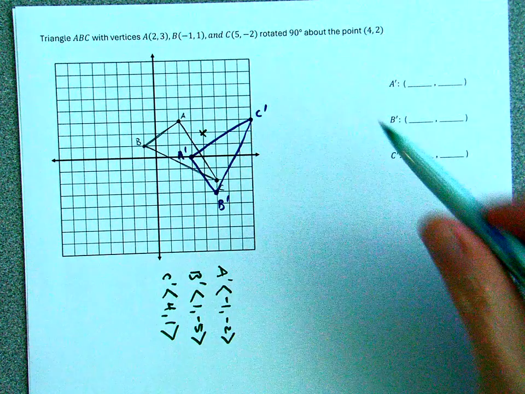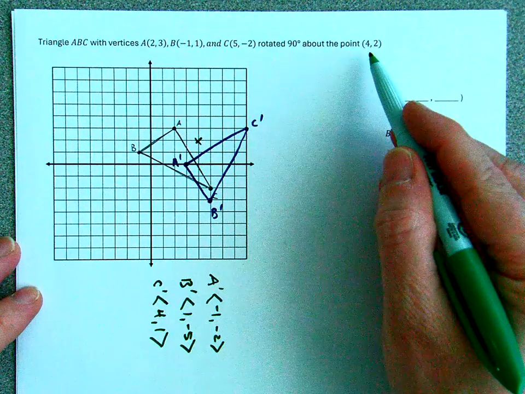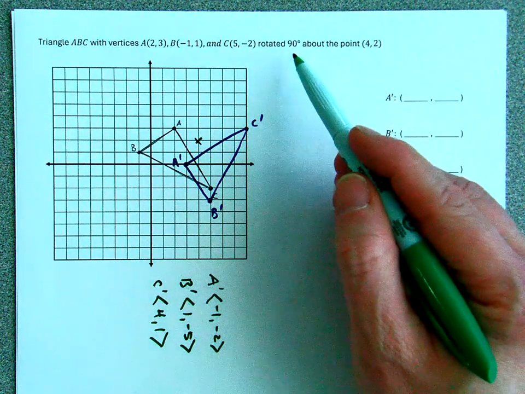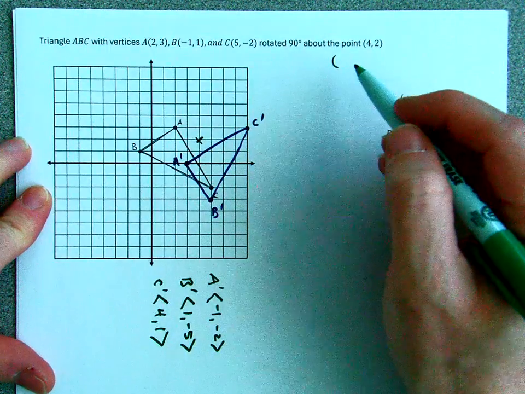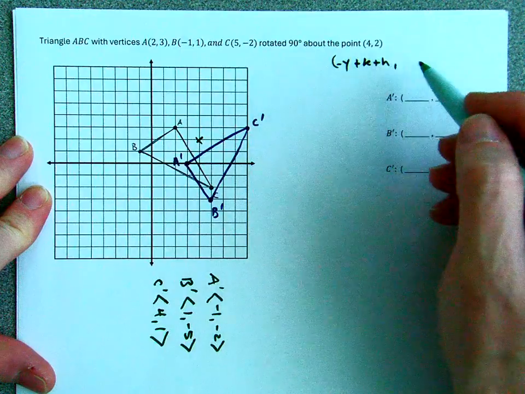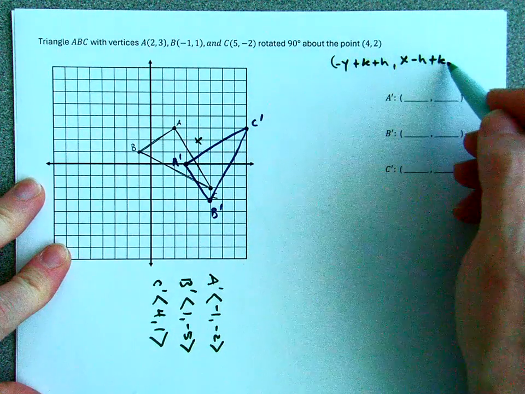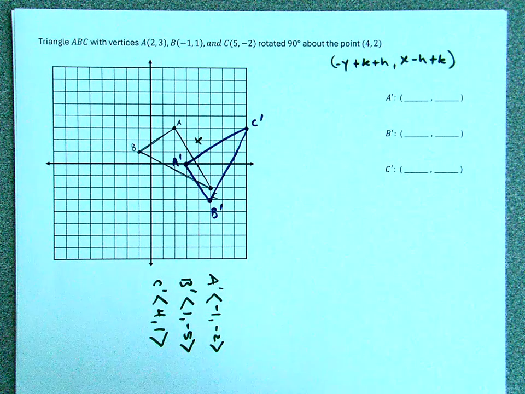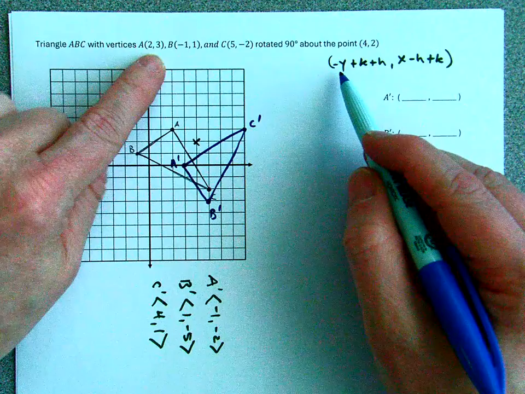All right, so using my point of center here for the rotation, a 90-degree rotation around this point will map these values like this. Just using my formula. I'm just going to write the formula down, and then I'm going to use the formula. So I'm going to take each of these points, plug them into the formula. Remember, this is H, this is K. So here I want my Y value, which is 3.